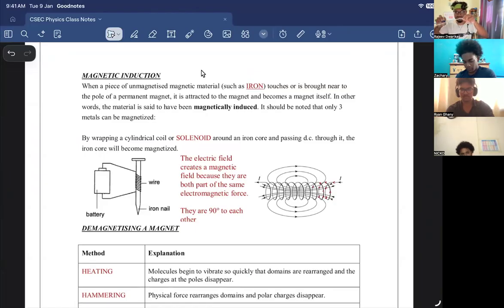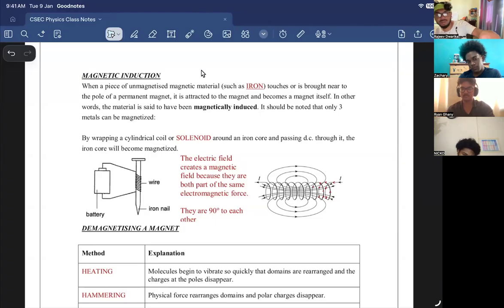Does it pick up anything? No, sir. Just from this wire alone, is the magnetic field around it strong? No, sir.